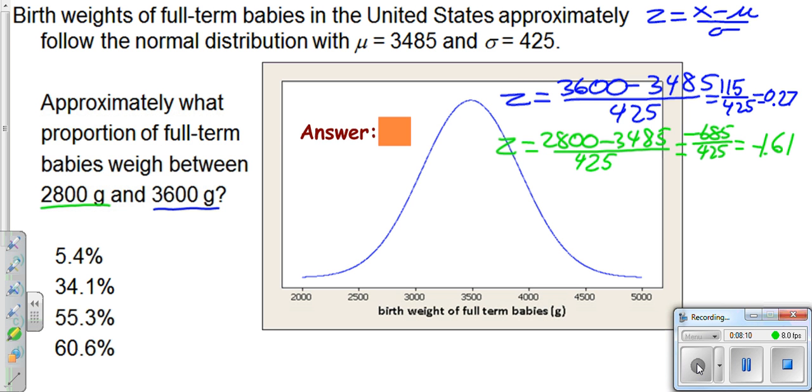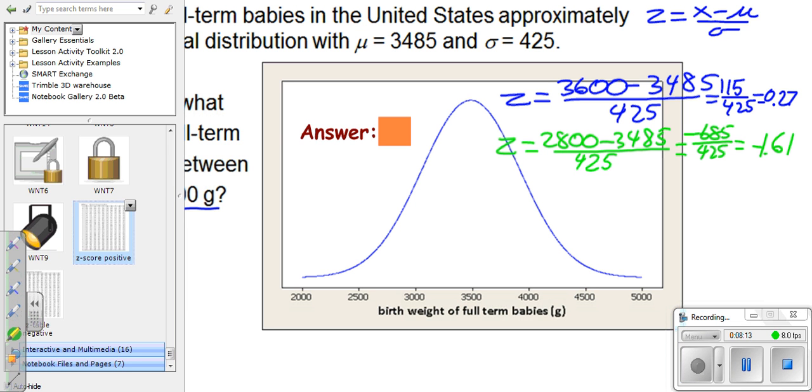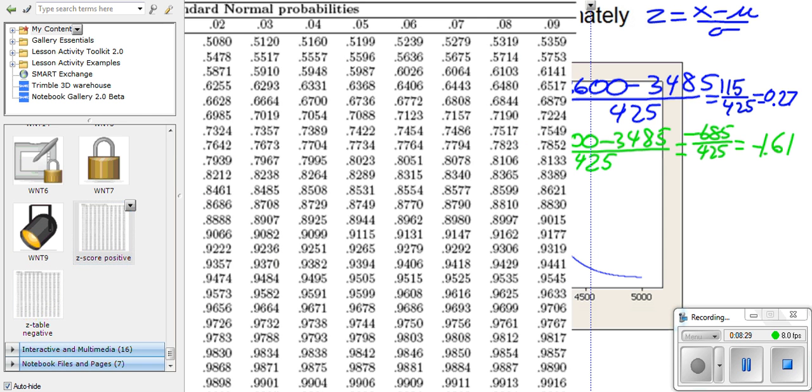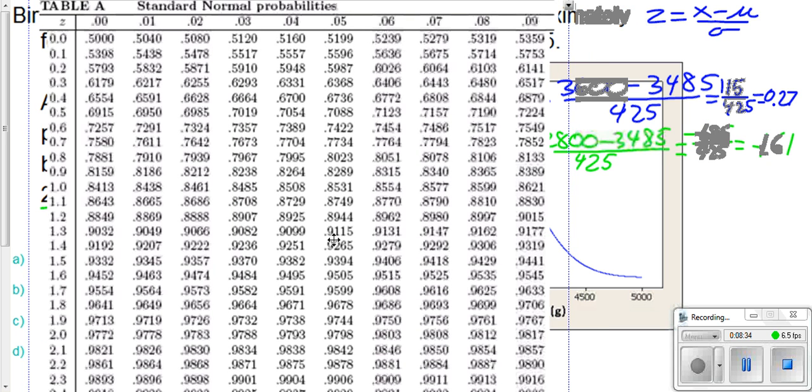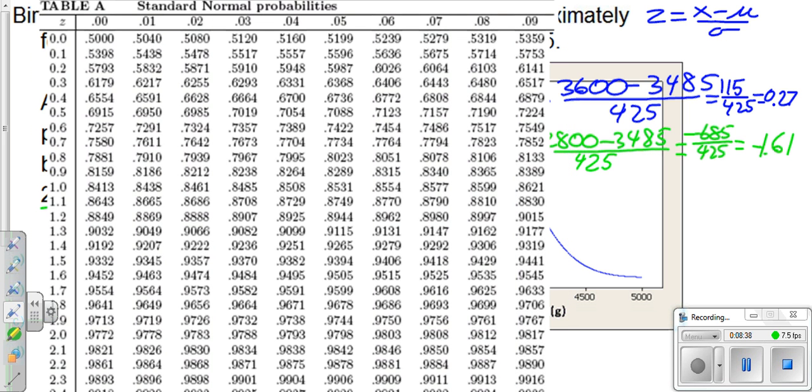So when you look at your table, you actually have the positive side here, or you have the negative side here. Now, for the blue one, we're going to have to use the positive half. So when you're looking in the back of your book, that's going to be the table on the right side of your page. And now I need to go to 0.2 on the left-hand column. 0.2 on the left-hand column is here.